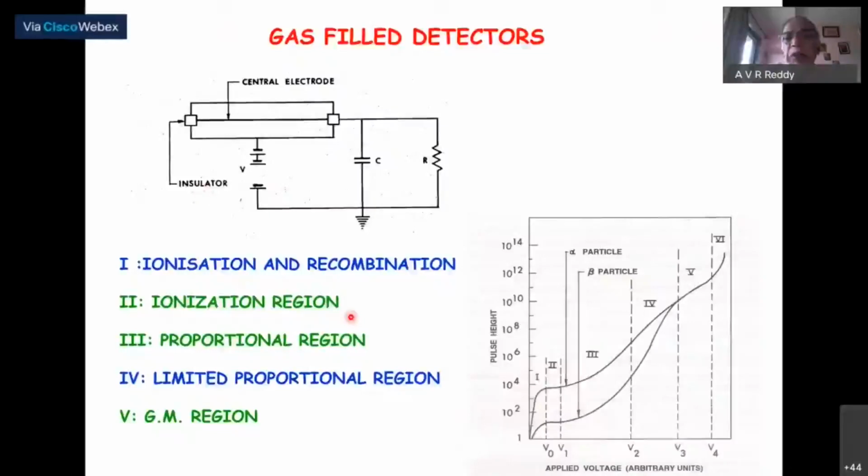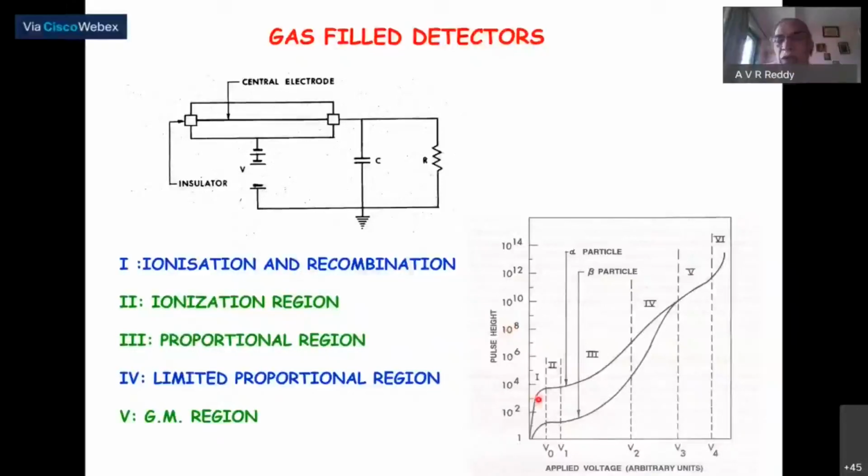From there onwards, even if you give a small increment of voltage, the total ionic current will remain constant, or the pulse height will remain constant, because the number of ion pairs per event is what we call the pulse height.